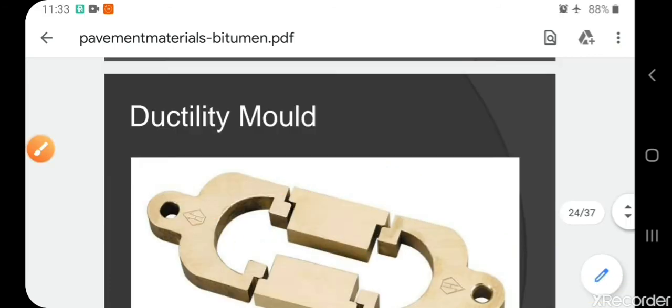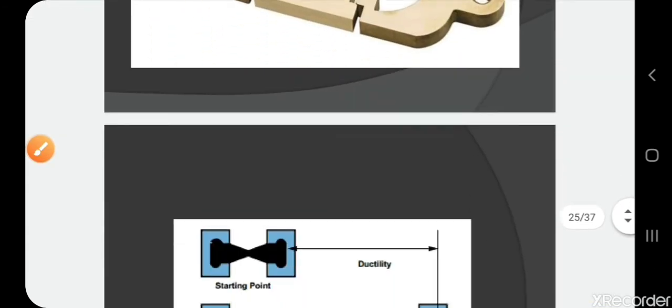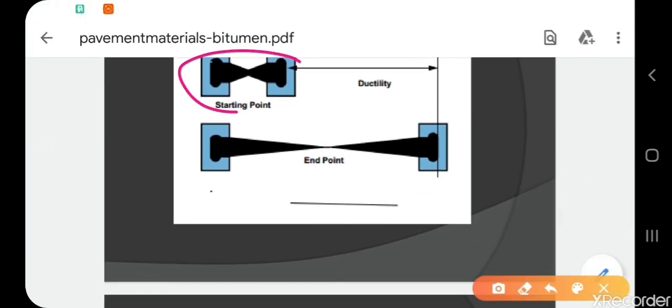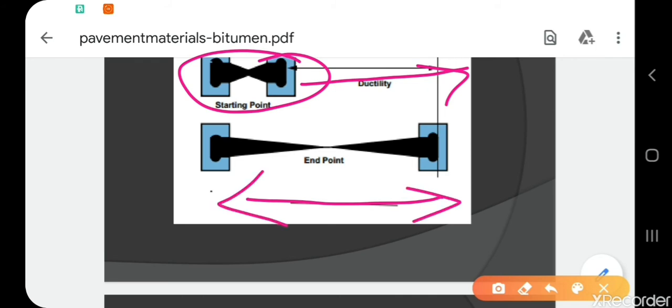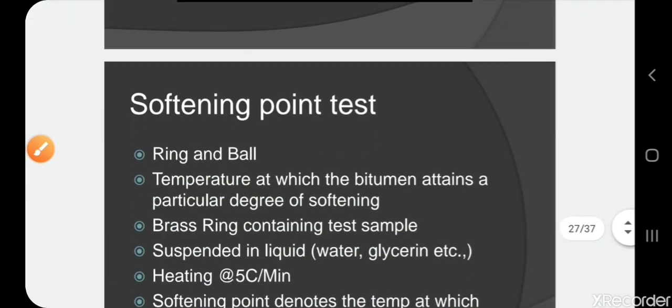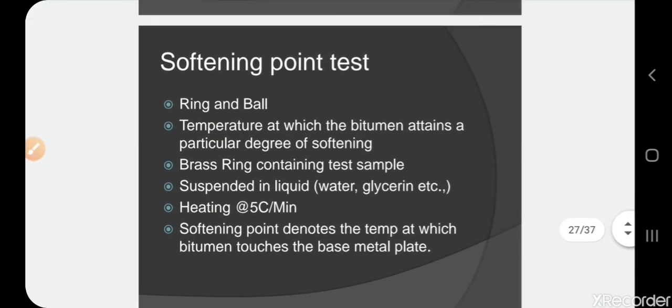That is known as the ductility property of the material. So here we can say this one is the starting point. As the ductility goes on increasing, the bitumen is subjected to deformation. At the last point, the bitumen breaks. That point is known as the ductility point of bitumen.